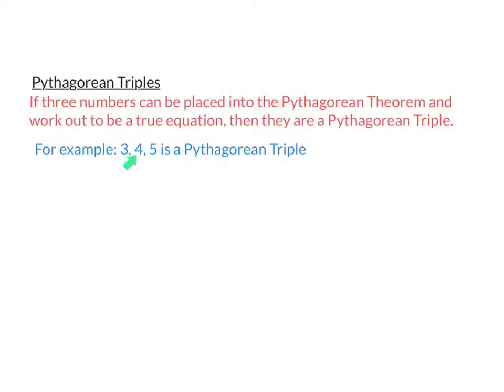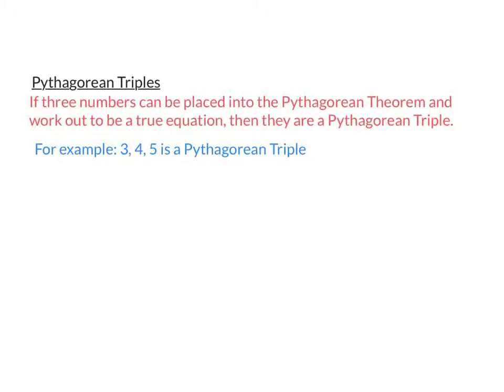So 6, 8, 10 is a Pythagorean triple. 9, 12, 15 is a Pythagorean triple. Anytime I multiply all of them by the same number, that new set of numbers will also be a Pythagorean triple. That works for every Pythagorean triple. Like the first example, 5, 12, 13, if I multiplied them all by 2, 10, 24, 26 is also a Pythagorean triple.